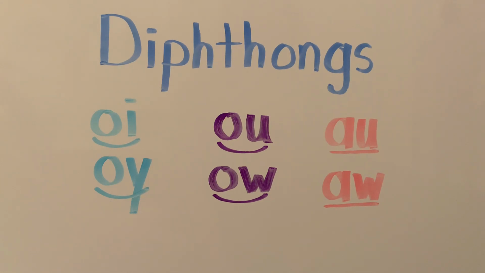So I put them with the diphthongs, just because I think they're kind of funky. So you'll see they're underlined like a vowel digraph is, but if you put a smiley underneath it when you're coding it, I wouldn't mark it wrong because, again, I personally think they're kind of funky like diphthongs.